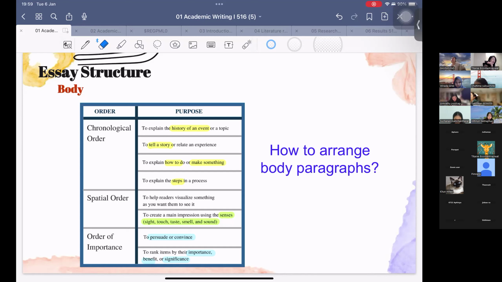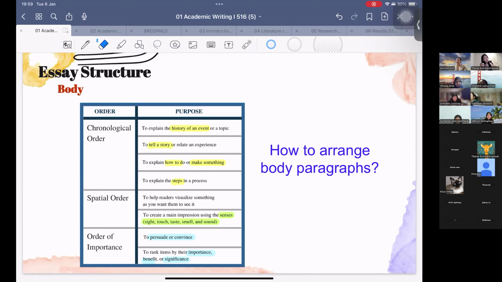The second one, which I'm not sure you'll encounter a lot, is that you divide your paragraph based on the senses: sight, touch, taste, smell, and sound. Yes, that's one way. Many times, academically, you might fall under the last category, which is order of importance.